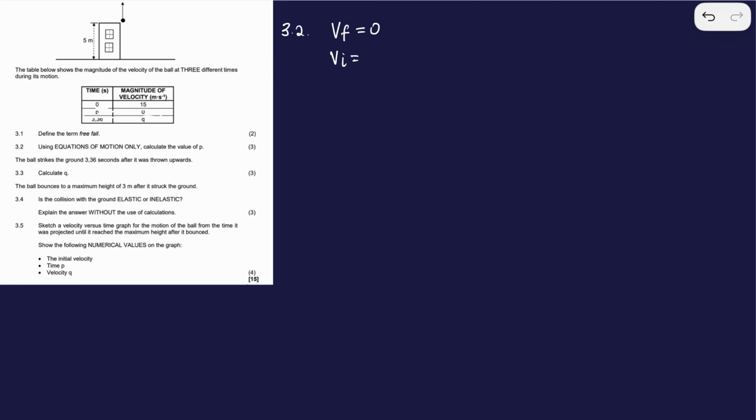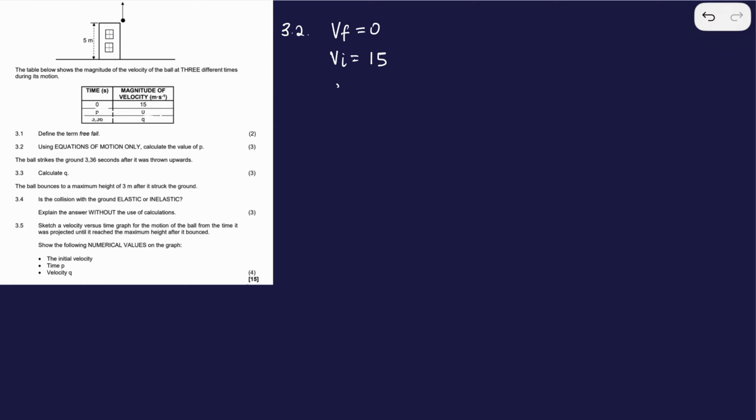If I look at the table, at time equals 0, the velocity is 15. And since we know that initial velocity is when the time is 0, that means my initial velocity must be 15. Now it's going to be 15 upward because they tell us that the ball is thrown up.